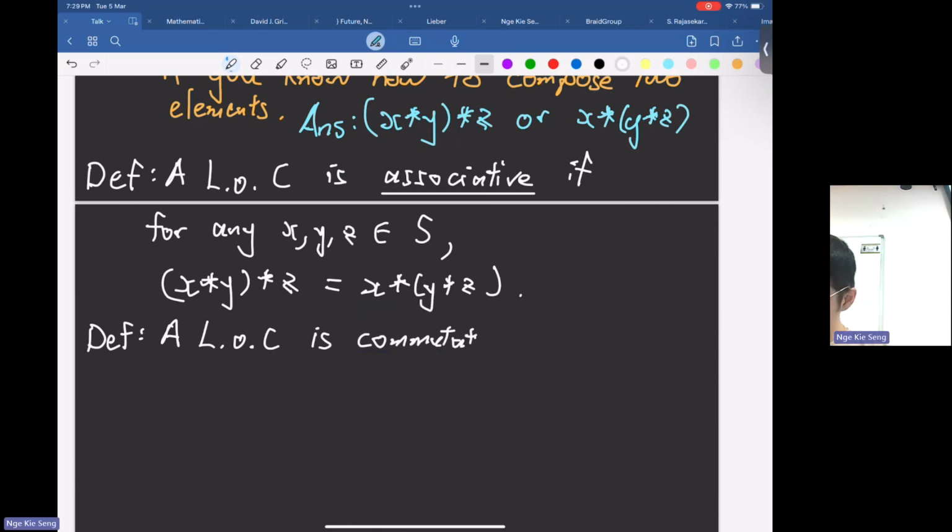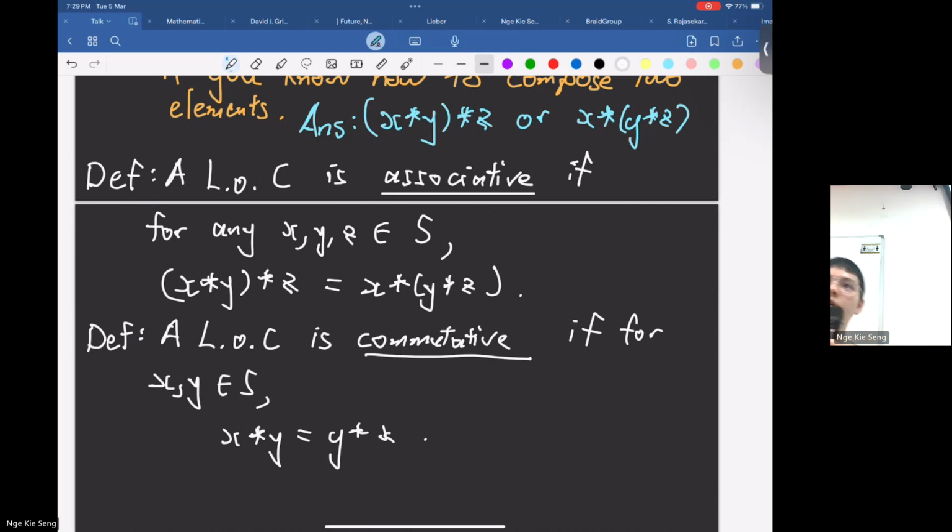So it commutes if for any two elements, x compose y is equal to y compose x. Okay, so this is commutative. So we have introduced two adjectives for a law of composition. When is a law of composition associative? When is a law of composition commutative? So can you think of any commutative law of composition or not?